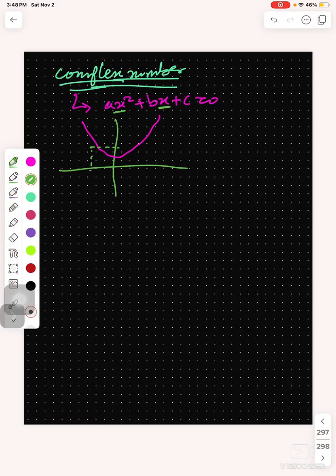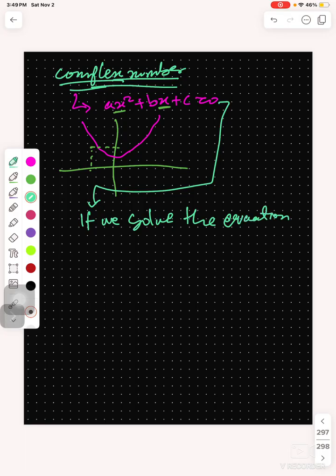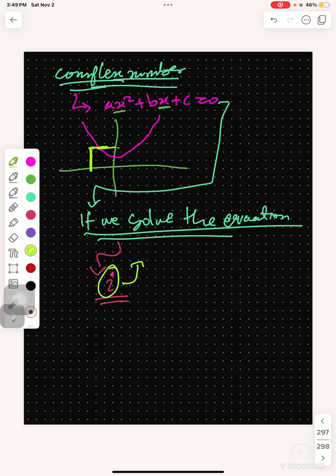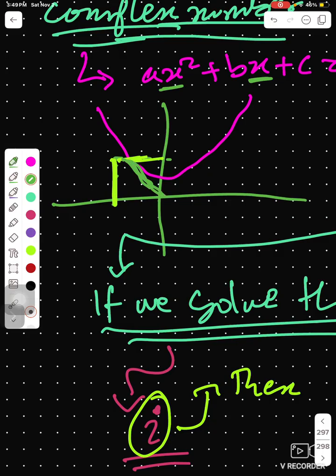If we solve the equation and get the answer in terms of a complex number, the x-intercepts don't exist at that point, so we can say that it's at a complex number state. This is the x-axis, this is the y-axis.